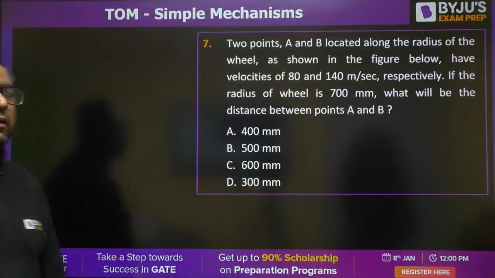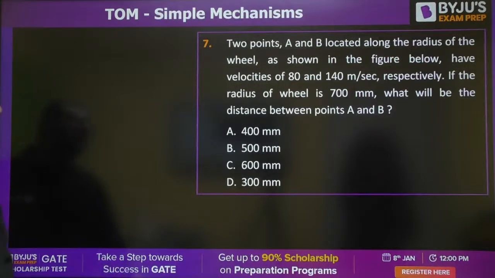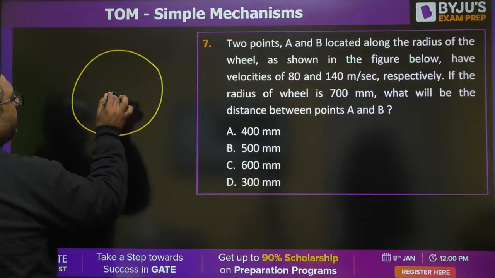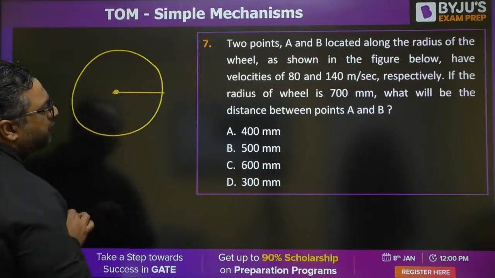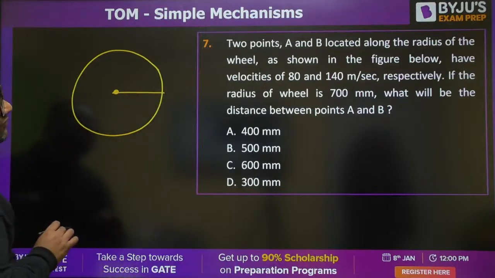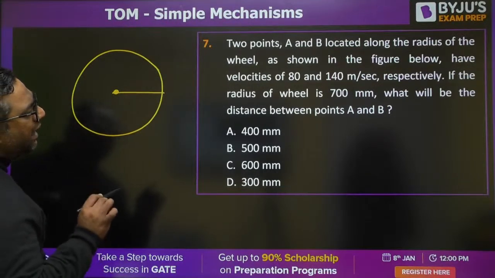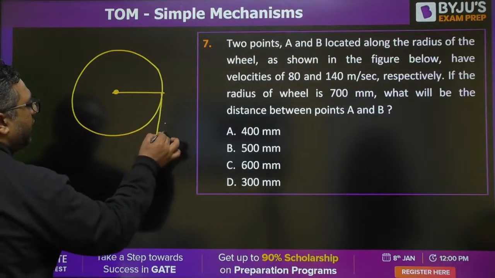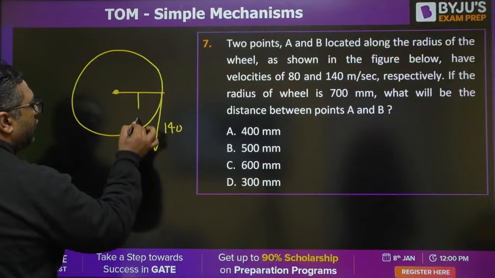Very good, Faisal. So 2 points A and B located along the radius of a wheel. This type of question also can come in the paper. This is the radius of the wheel. They are saying that points A and B located along the radius of the wheel, as shown in the figure, have velocities 80 and 140. So this velocity is 140 and this velocity is 80.